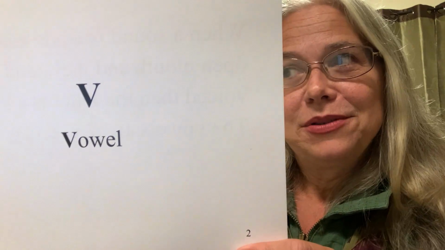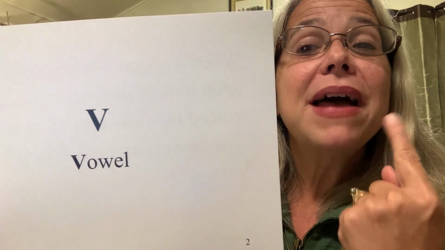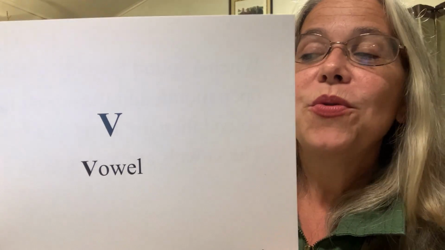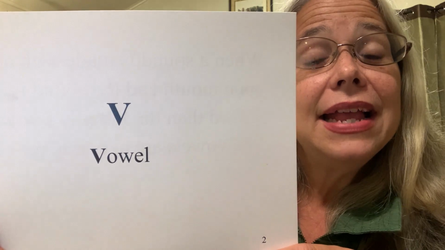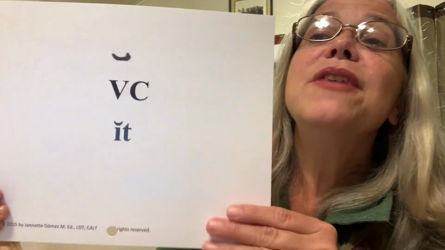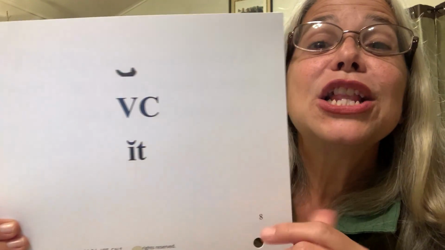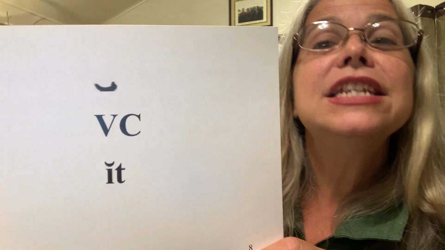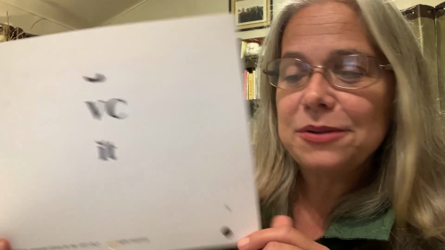When a sound is made with an open mouth and it's voiced, then it's a vowel. The vowels are A, E, I, O, and U. A vowel that's in a closed syllable short, we're going to code it with a breve. This is a short vowel sound.